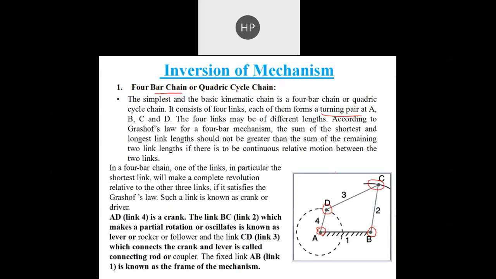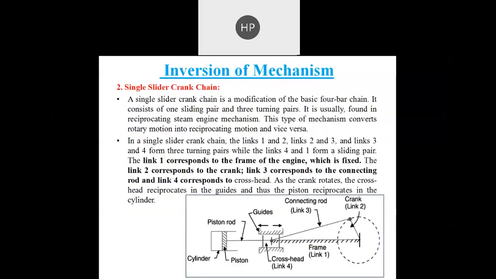So this was the inversion of a 4-bar chain. Now in this lecture we are going to talk about the second inversion, that is the single slider crank chain. A single slider crank chain is a modification of the basic 4-bar chain. We have made a slight change in the 4-bar chain.